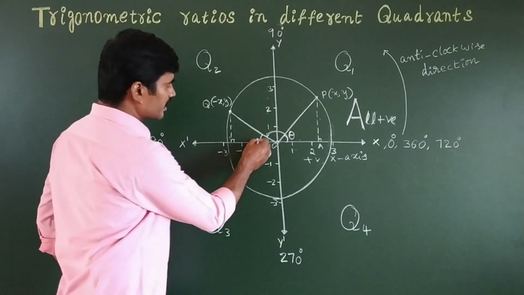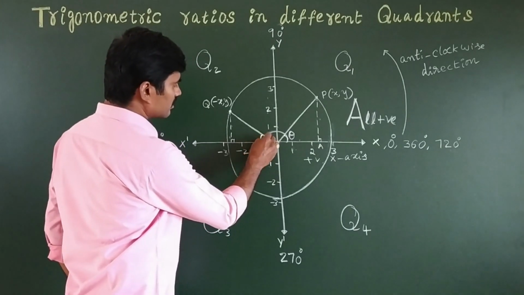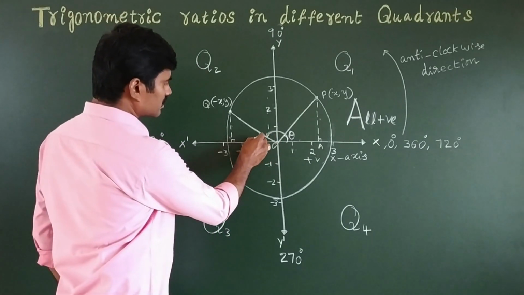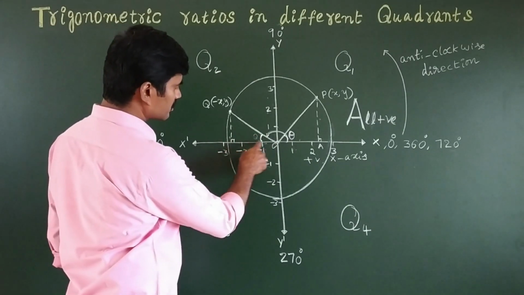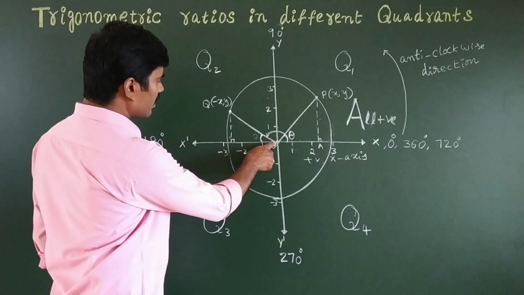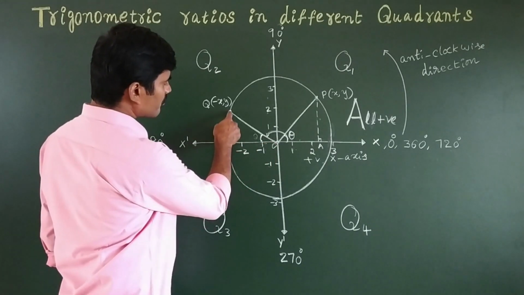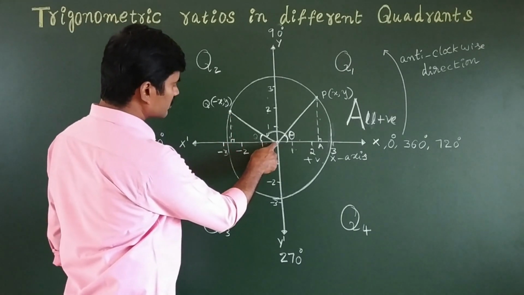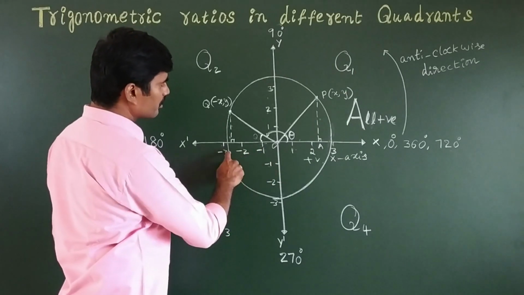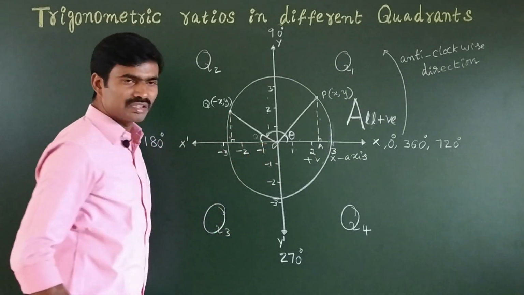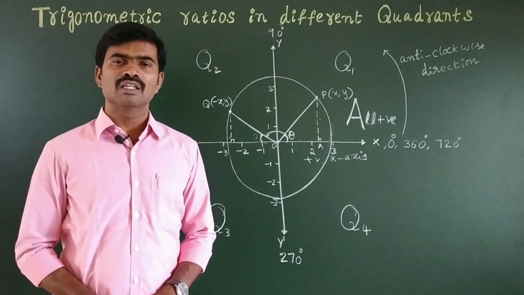And come to cos theta. Cos theta means the adjacent side to the angle theta, by the hypotenuse. The adjacent side is negative. So negative by this positive is negative.